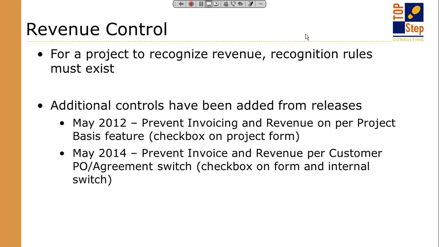But you want to prevent your billing team or your finance team from doing any invoicing against that temporary setup because it hasn't been officially released. So you can add this checkbox on the customer PO, which would prevent you from doing any invoicing against that temporary setup.